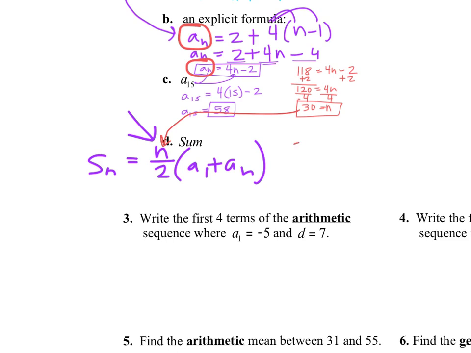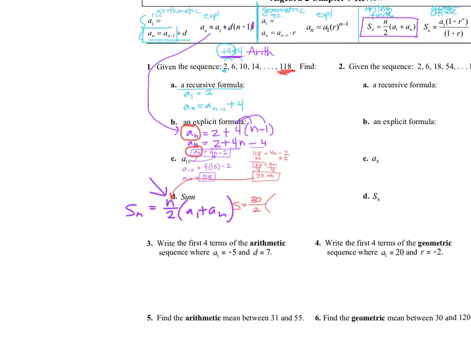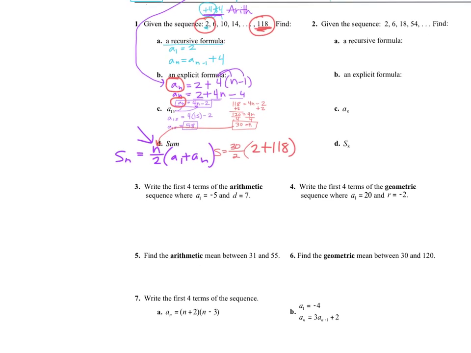So it's going to be 30 divided by 2. Okay, our sum is 30 divided by 2 times a sub 1 plus a sub n. First term, last term. So 2 plus 118. And you would plug that into your calculator, and you should get that the sum of those 30 terms is 1,800.